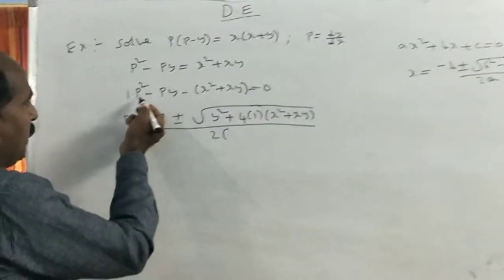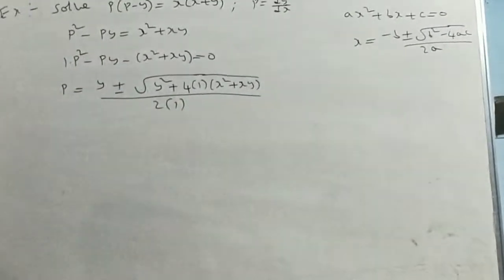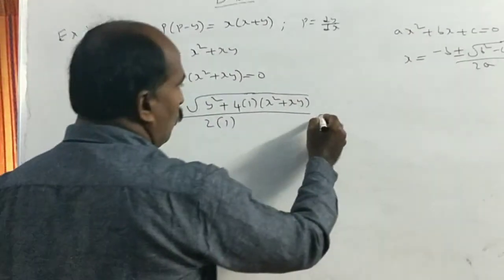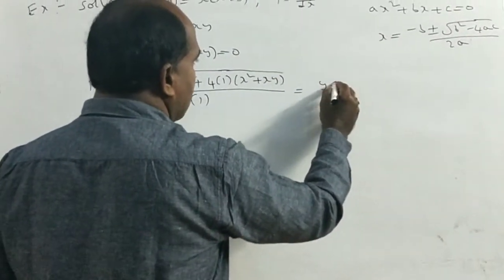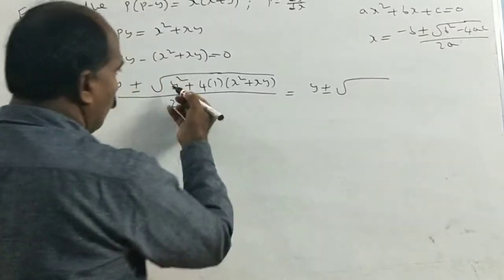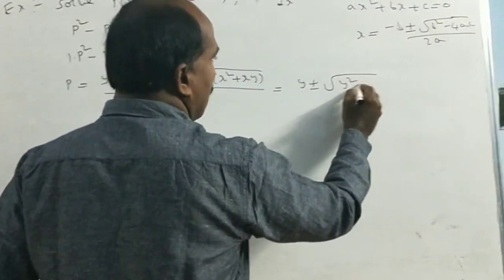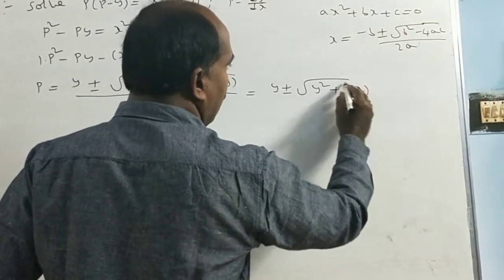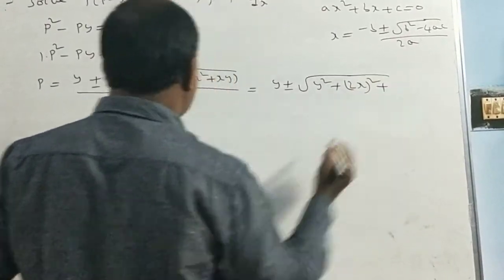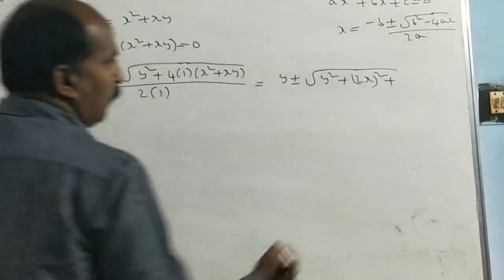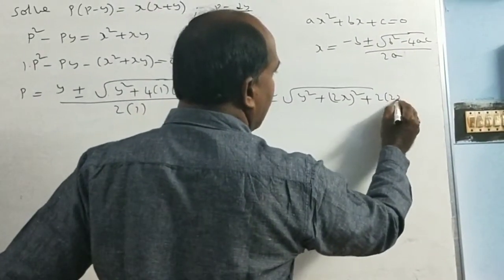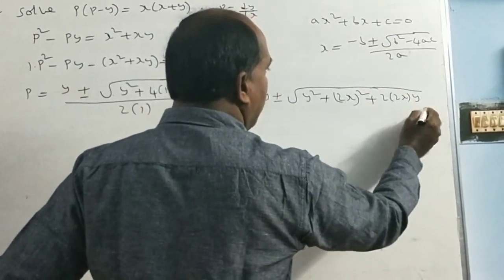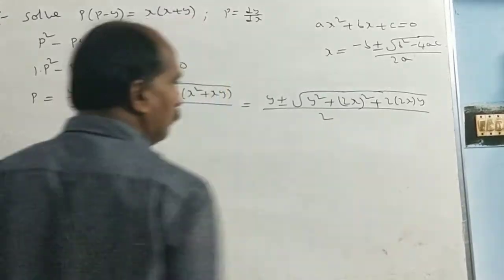So p equals minus of minus y plus or minus root of y square plus 4x square, that means 2x whole square, plus 4xy, where 4xy means 2 into 2x into y, by 2a, which is 2 into 1.